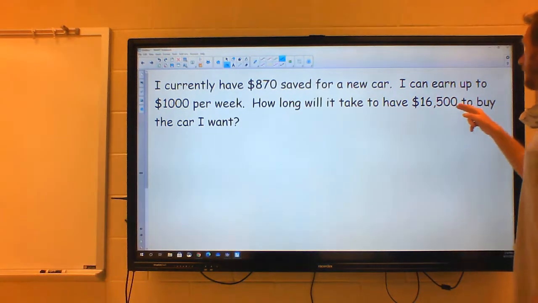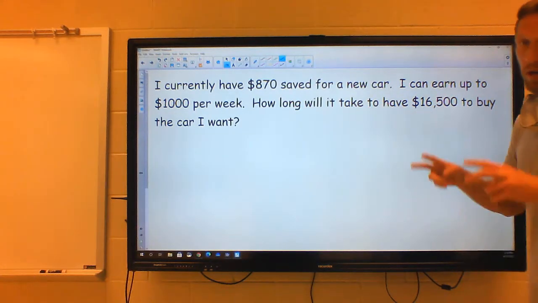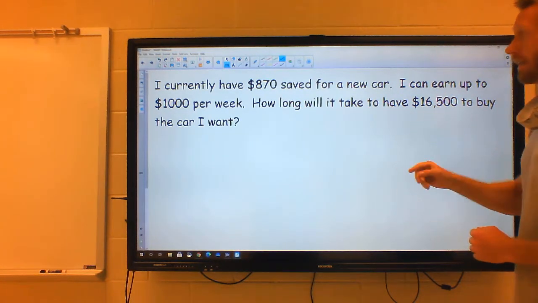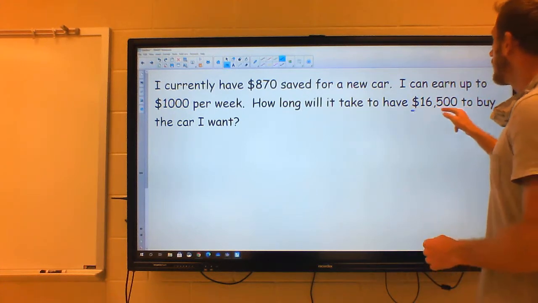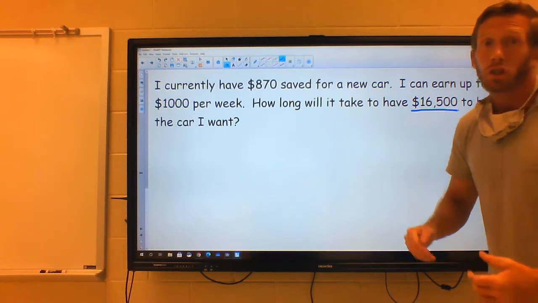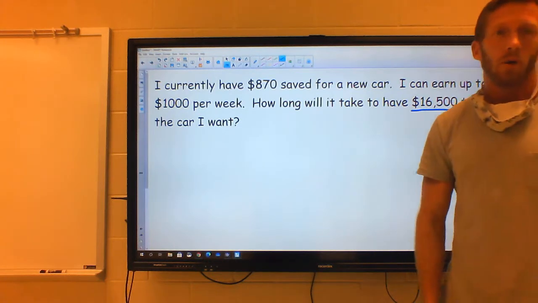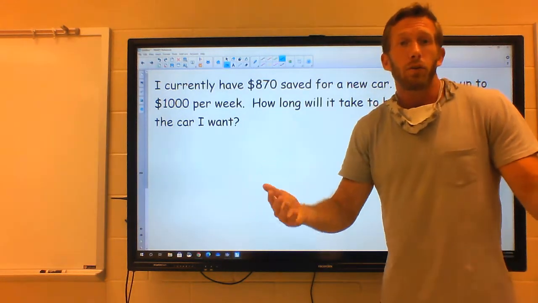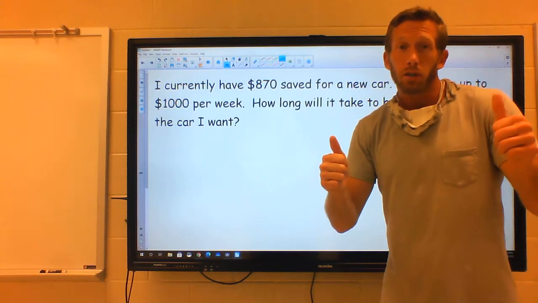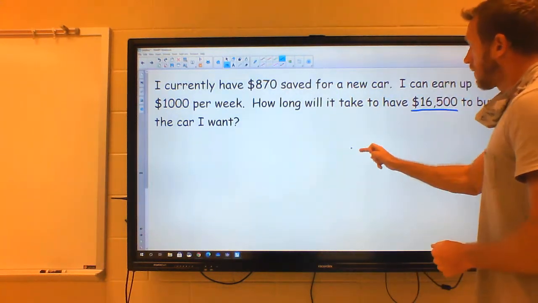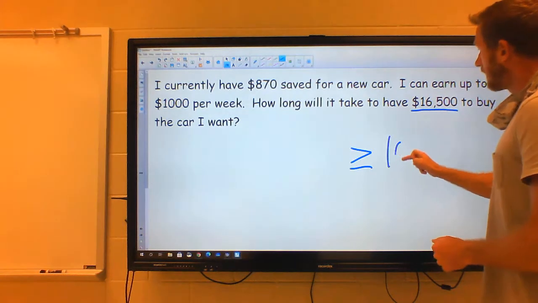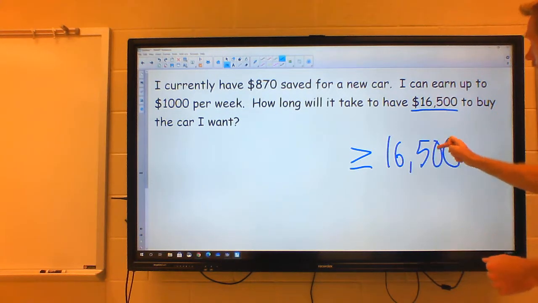This is the question that now has our inequality statement in it, even though it's hidden. It says, how long will it take to have $16,500? We're assuming we want at least $16,500 to buy the car we want. If you have more money than you need, that's okay. Trust me, okay? We want at least $16,500.